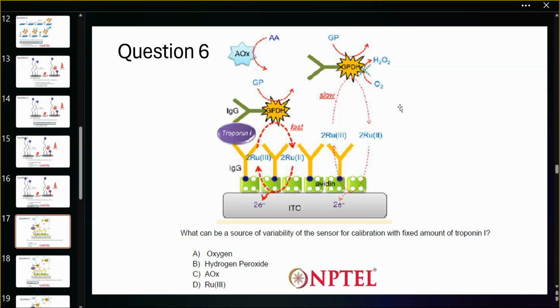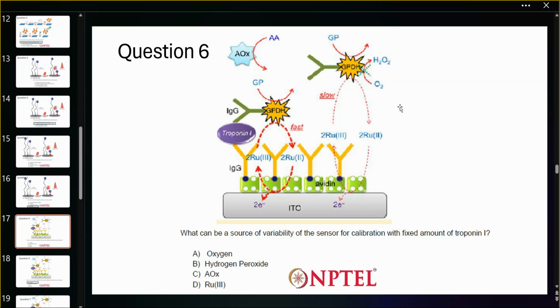Then we have the secondary antibody of immunoglobulin that is labeled with GPDH, and then you have AOX, which is the enzyme here. In the entire thing, we have GPDH, which is having a redox cycling reaction with ruthenium, which is leading to electron transfer. So I hope my explanation of the setup is clear.